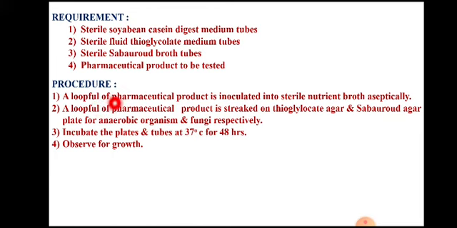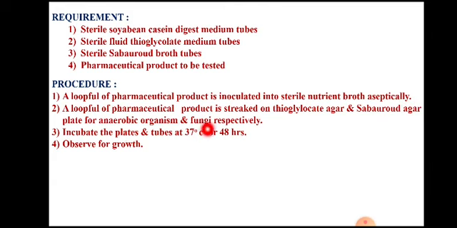That sample is directly inoculated into the sterile nutrient tubes separately, like soybean casein digest medium. It is inoculated into fluid thioglycolate medium, and it is inoculated into Sabouraud's broth tube. By mistake, agar is written here.